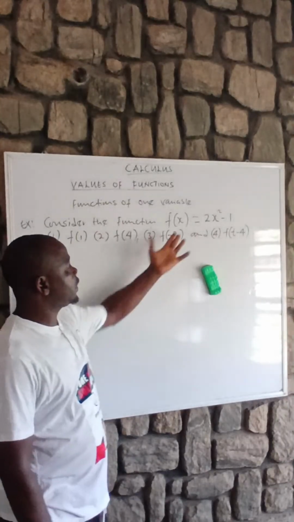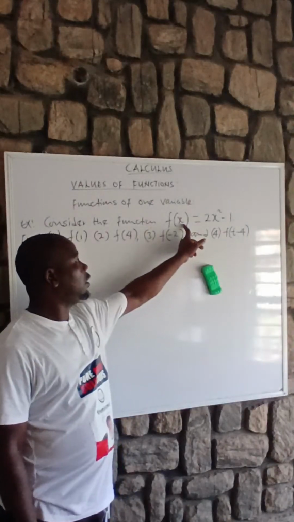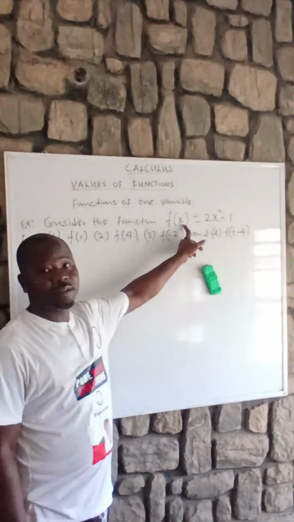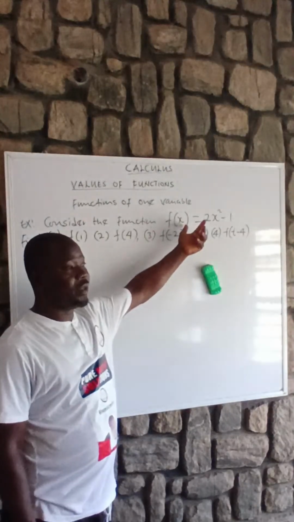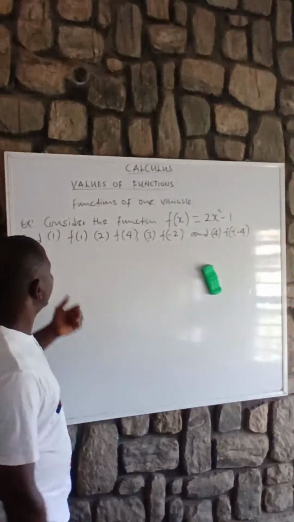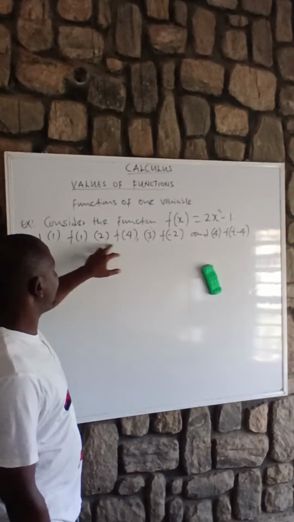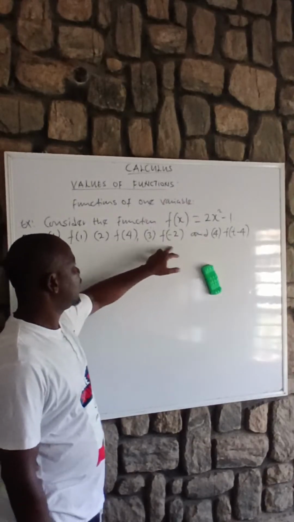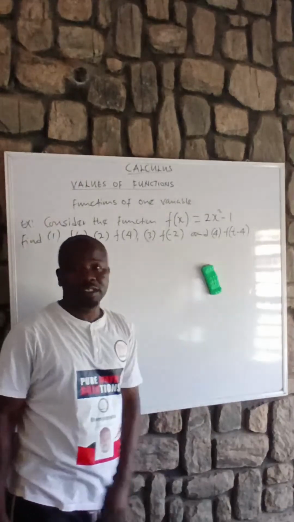Because as you can see, you can see only x. y and z cannot be found here, true or false? So it has only one variable. Then we said we should find f of 1, f of 2, f of 4, f of 3, f of minus 2, f of 4, and f of t minus 4.